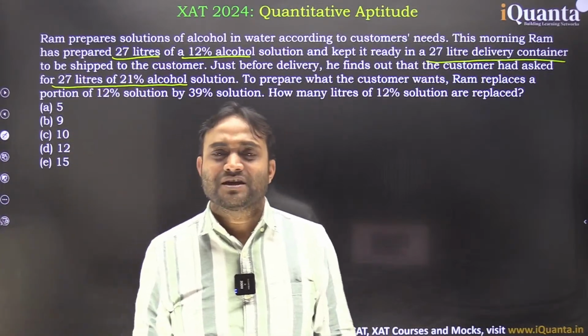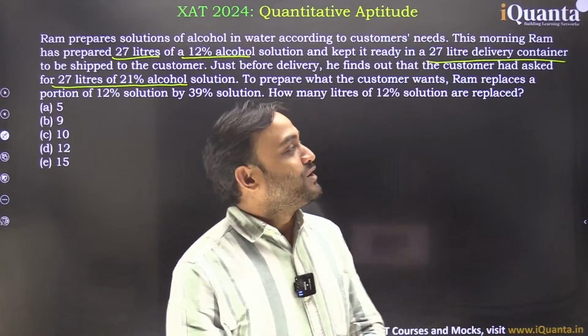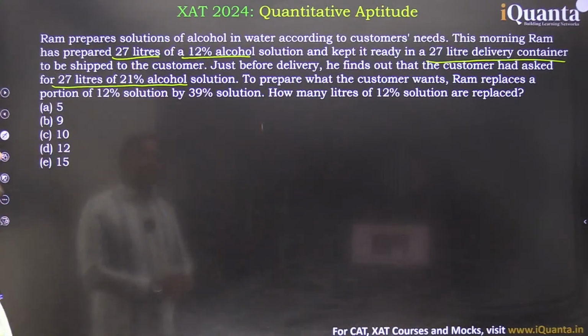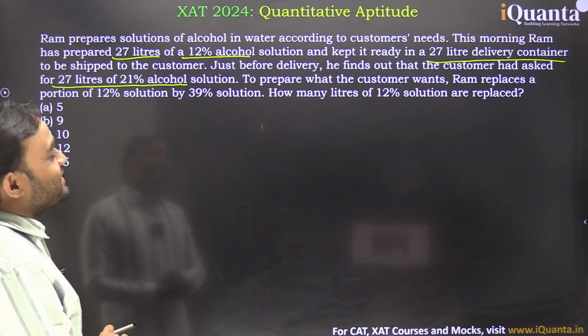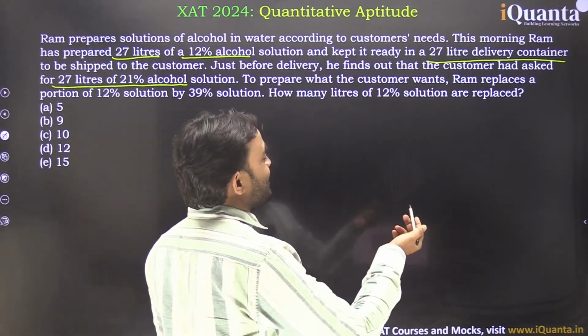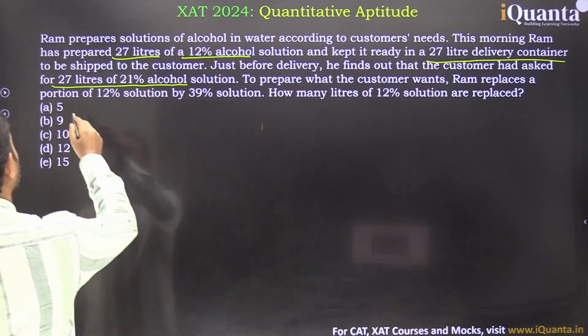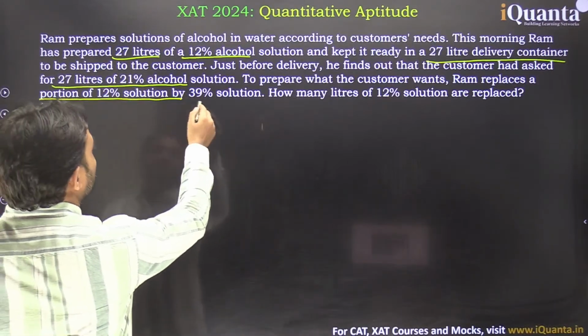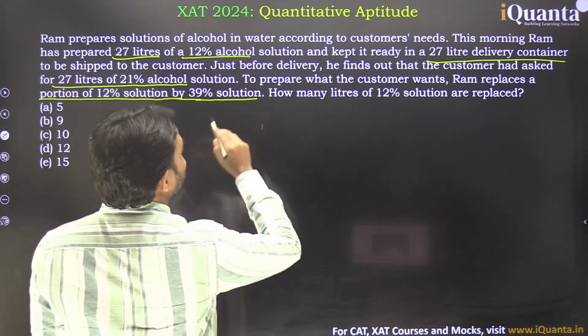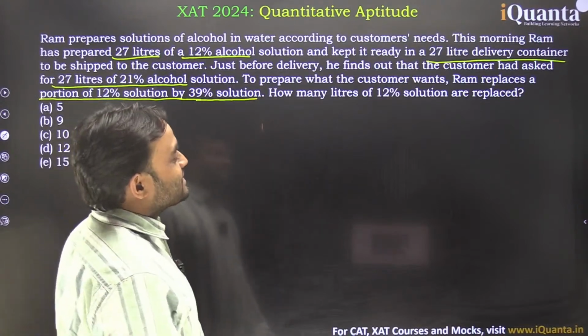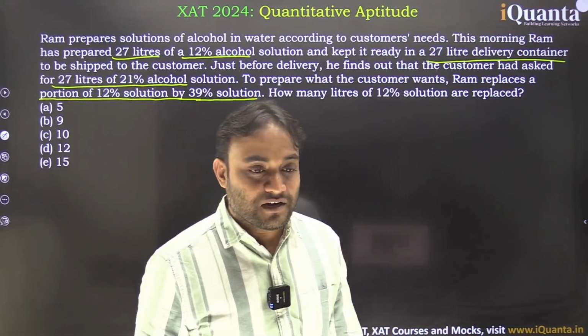Yes, 12% alcohol solution में क्या होता है? 21% चाहिए इस कस्टमर को ताकि थोड़ा कुछ तो मजा आए है ना. To prepare what the customer wants, Ram replaces a portion of 12% solution by 39% solution. How many liters of 12% solutions are replaced?